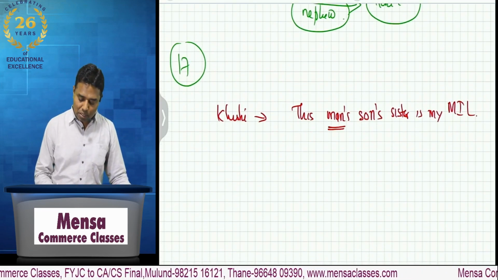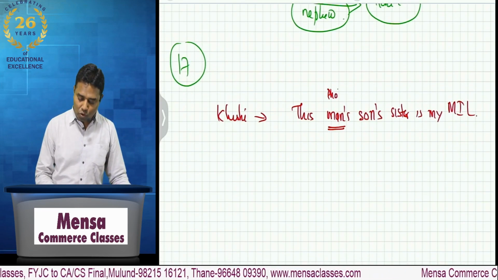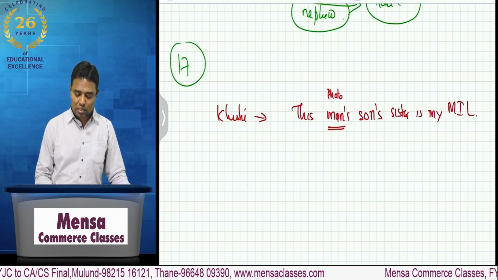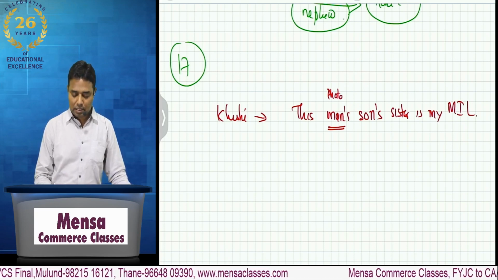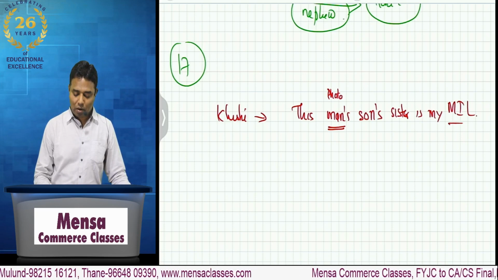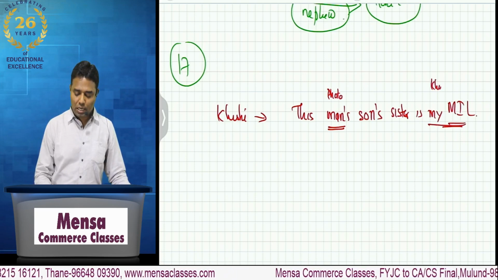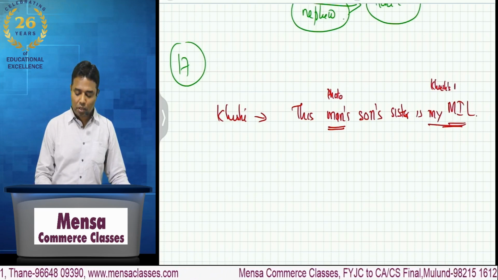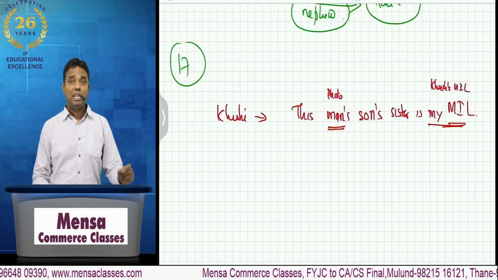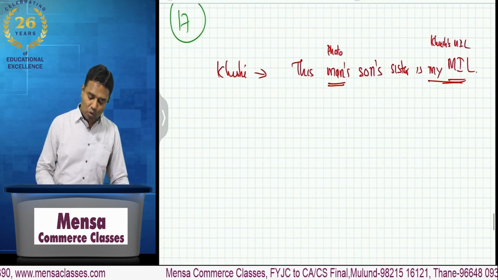This man, who is the man? The man in the photo. The man in the photo's son's sister is my mother-in-law. My mother-in-law means Khushi's mother-in-law, right? So how do I write it?